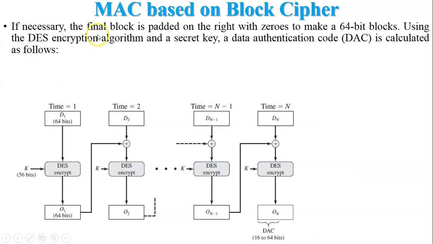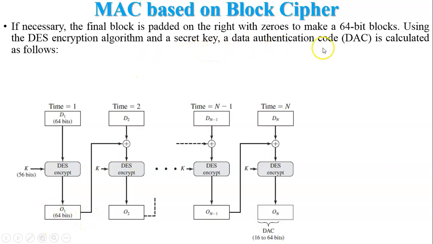If necessary, the final block is padded on the right with zeros to make a 64-bit block. Using DES encryption, one input is the block of the message and the second is the key K. Here in this figure you can see the 64-bit input as per the DES encryption algorithm, the key size is 56 bits, and it generates 64-bit ciphertext.